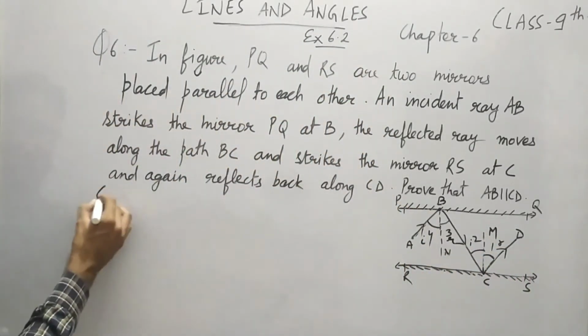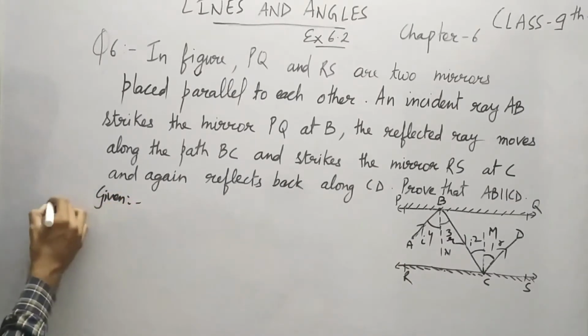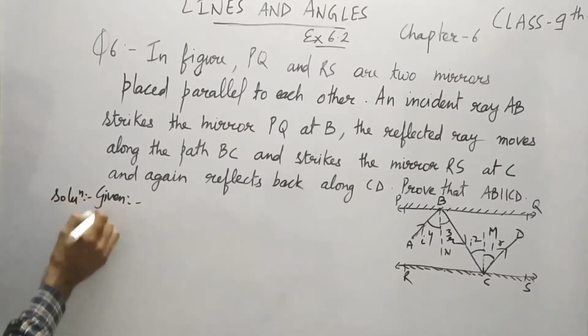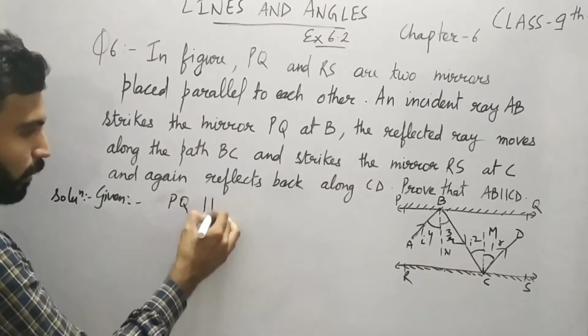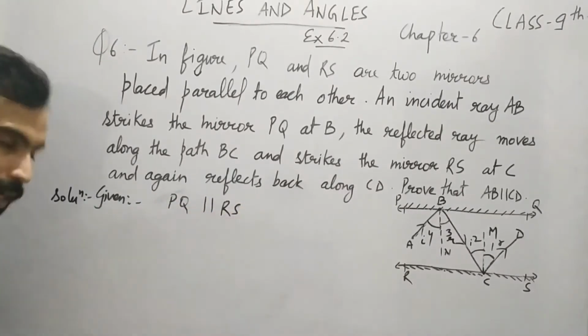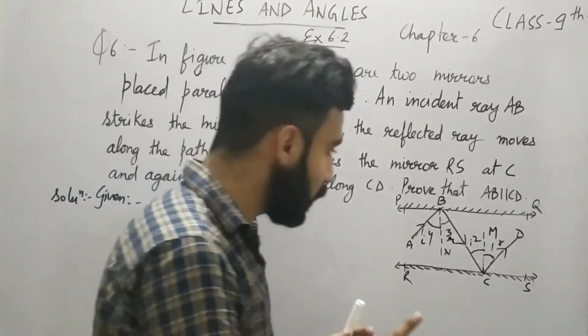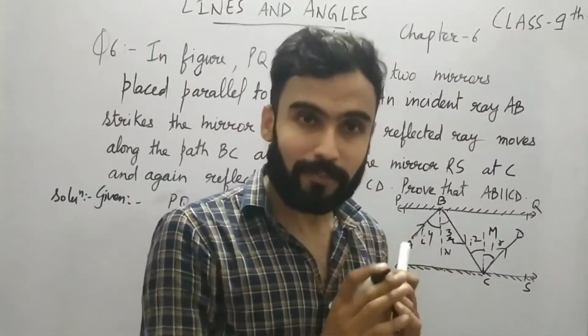So what is given to us in this question, I'm just writing down here, is the solution. You can see here, this mirror PQ is parallel to RS, right? Now the first thing is, let me just move to a scientific thing here.